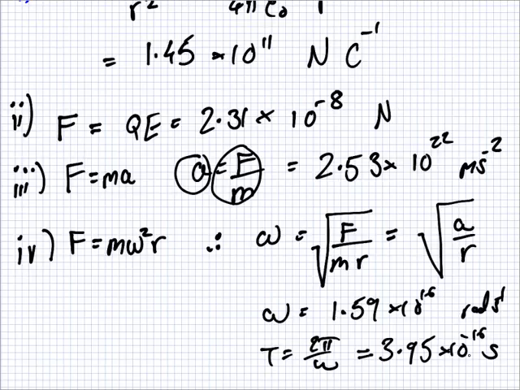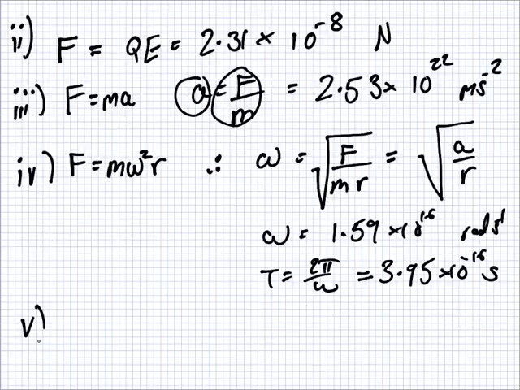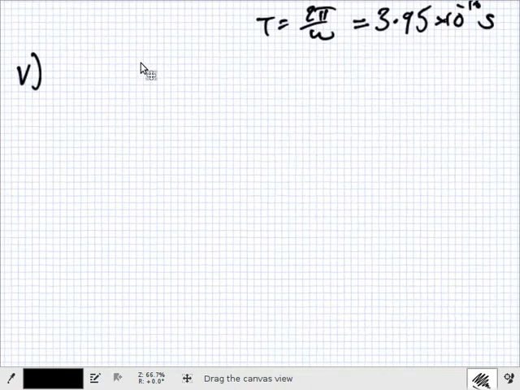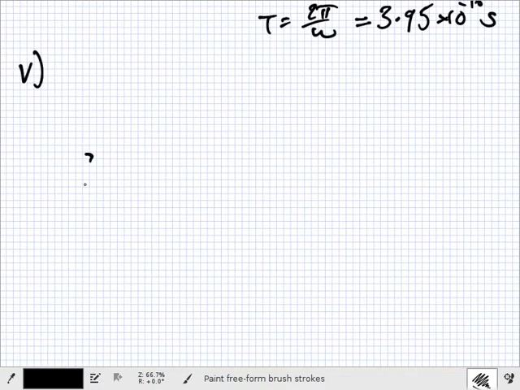Part D or whatever. Electric field strength at the electron's location caused by the electron. I think you said that backwards. The electric field strength at the proton's location caused by the electron. Yeah, that one. So for this one, now you have the proton, but the electron also makes an electric field.